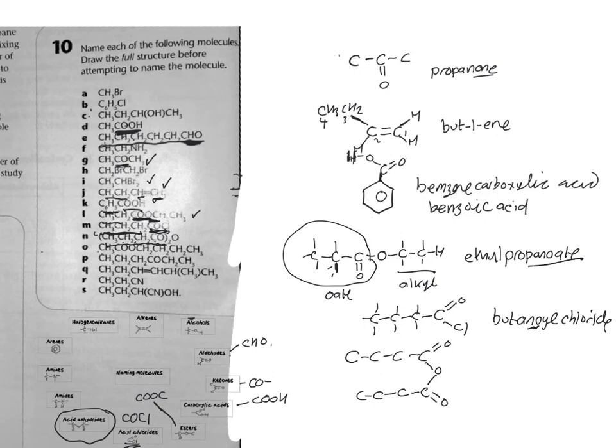I'm not going to put the hydrogens on. So because it's 4 carbons, the stem is but. So that is butanoic anhydride. 2 molecules of butanoic acid with a molecule of water removed. Butanoic anhydride.